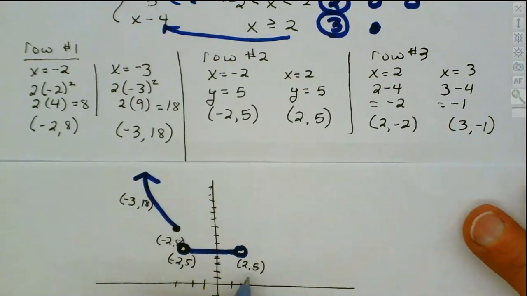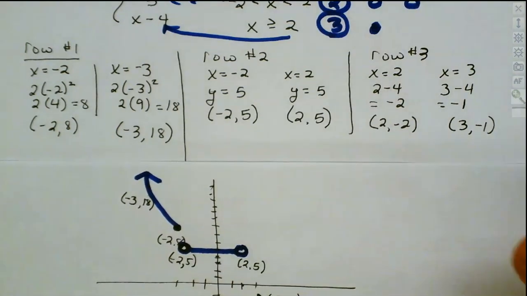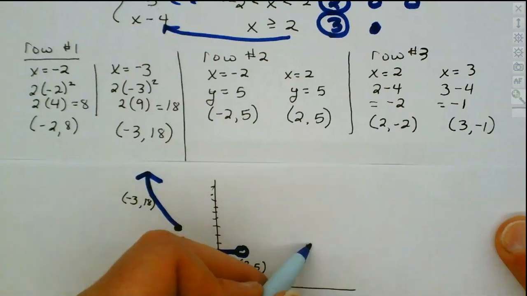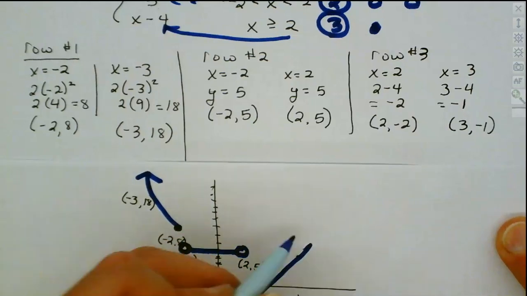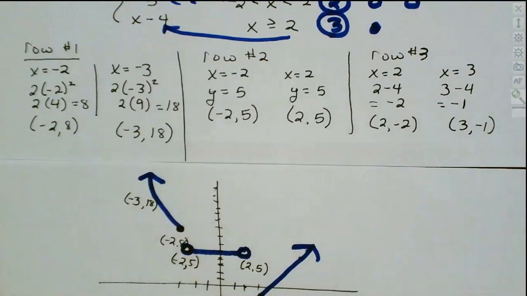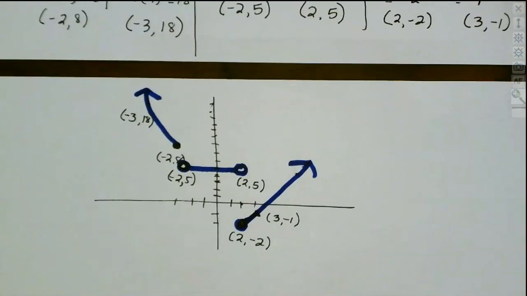And then we've got 3, negative 1. So that's going to be right about there. When we connect them together, it's going to make a line like that. We have a closed circle there. So move it up so we can see.